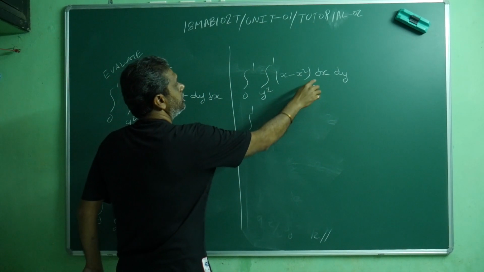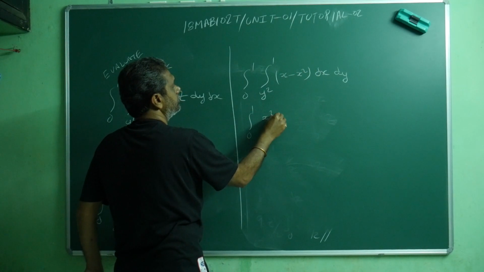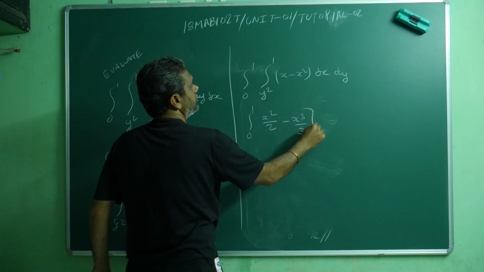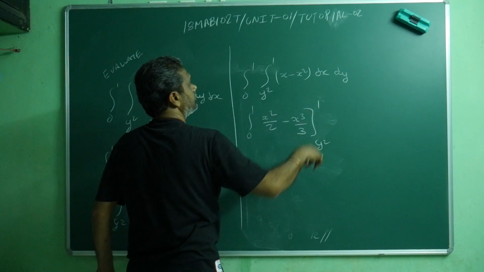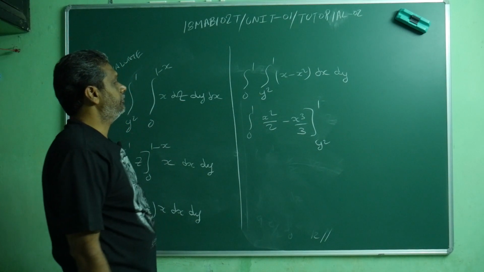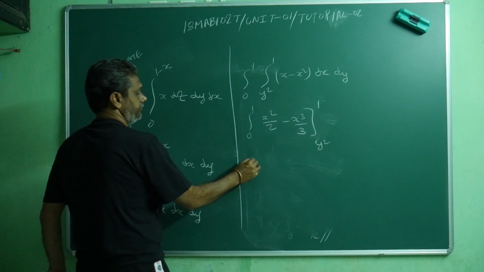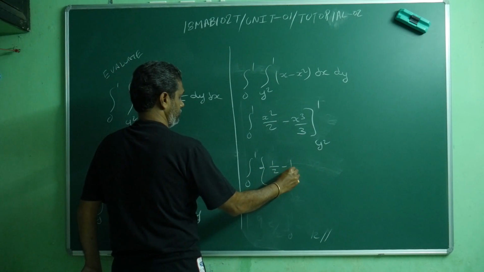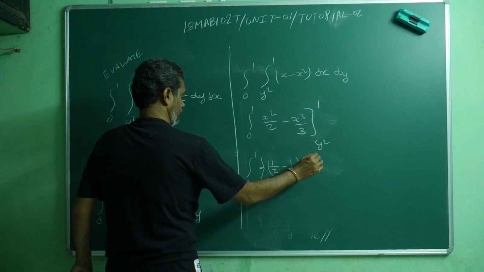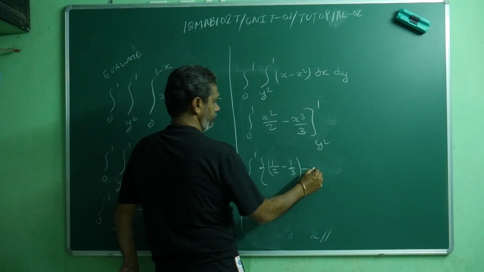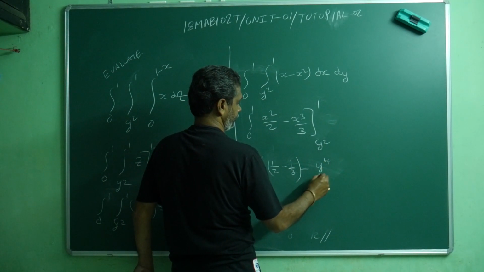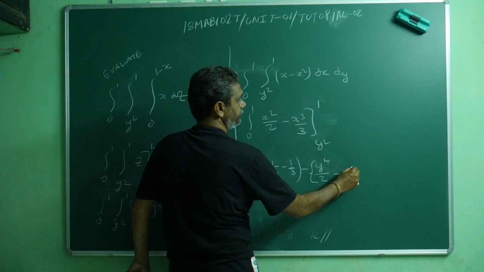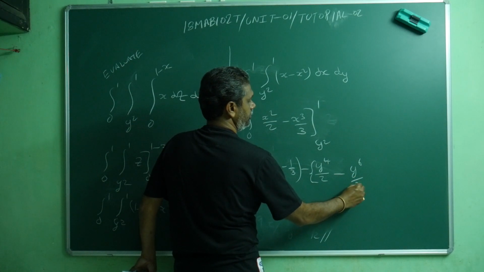Now with respect to x you can do: x squared by 2, x cubed by 3, from y squared to 1. If you apply the limit, you will get 0 to 1, 1 by 2 minus 1 by 3 minus y to the power 4 by 2 plus y to the power 6 by 3.